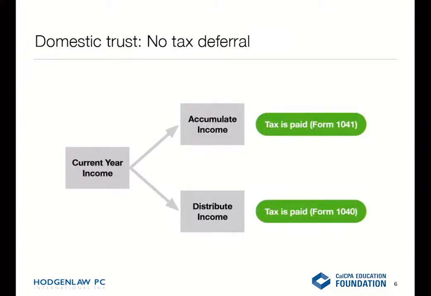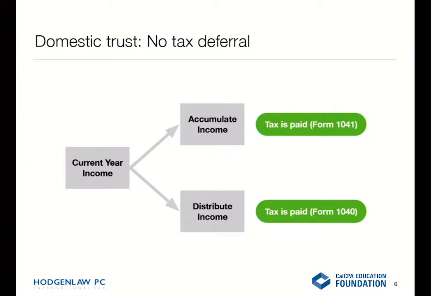The other thing we're going to look at here is tax deferral. For a domestic trust, there's no tax deferral. The trust generates income each year. It either distributes that income to the beneficiaries who report that on Form 1040, or the trust accumulates income inside the trust, and the trust itself pays the tax on Form 1041.